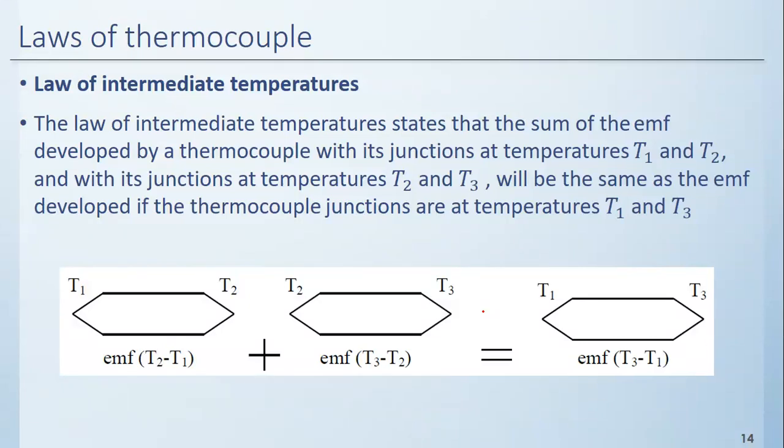Now, the third law is called the law of intermediate temperature. It says that when you add the EMF developed in a thermocouple with temperatures T1 and T2 to that of another thermocouple whose temperatures are T2 and T3, then the net effect will be the EMF produced in a thermocouple with temperatures T1 and T3.